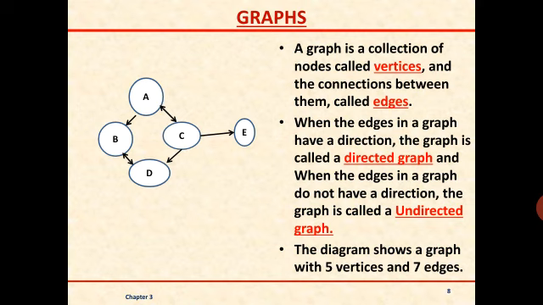Undirected means the connections don't have any direction, whereas in a directed graph we have certain directions. This is shown in this example. So here we have completed our unit 3, that is data structure.